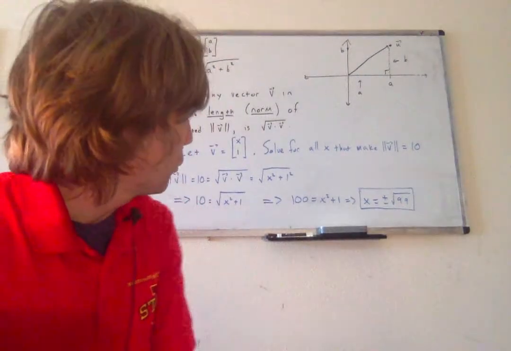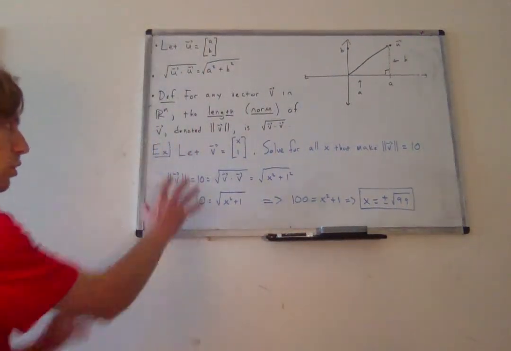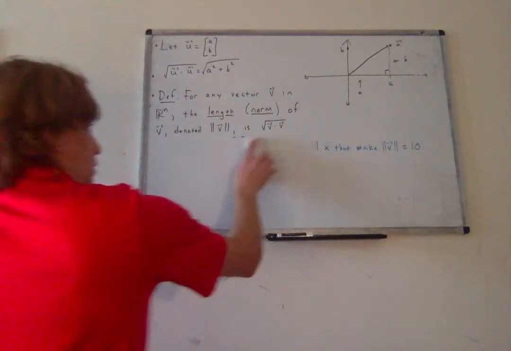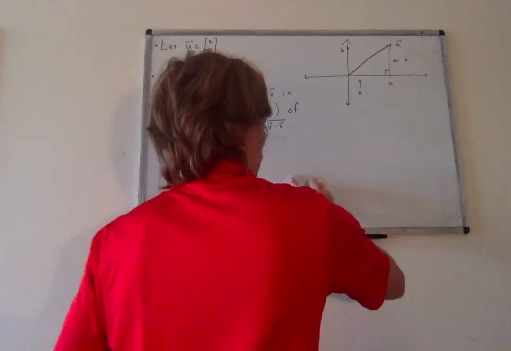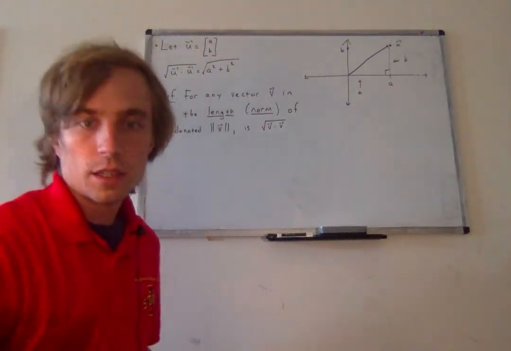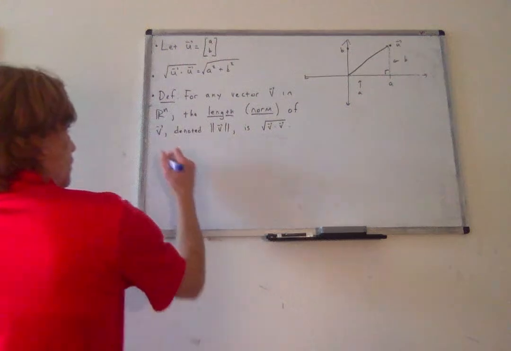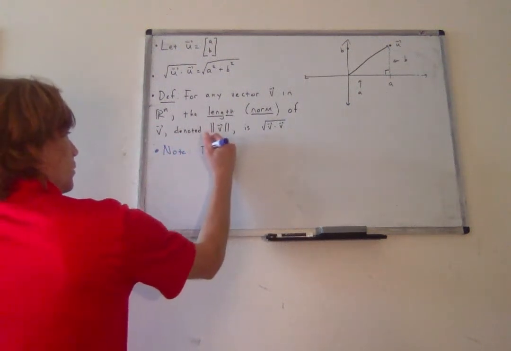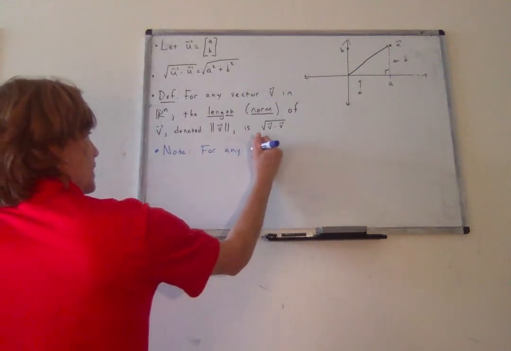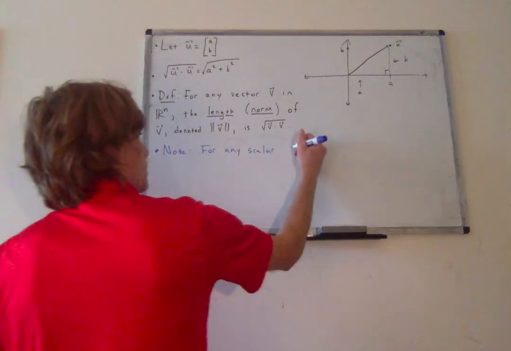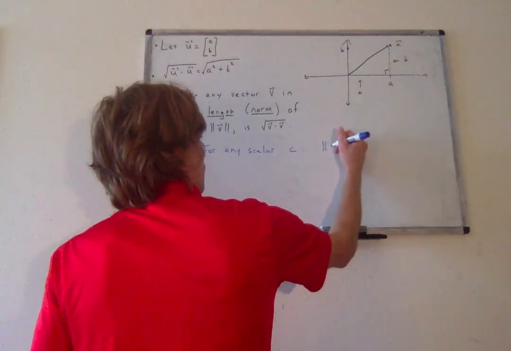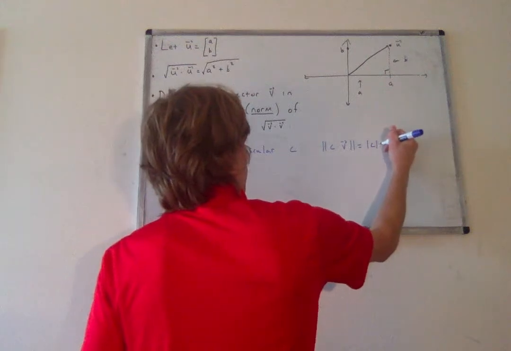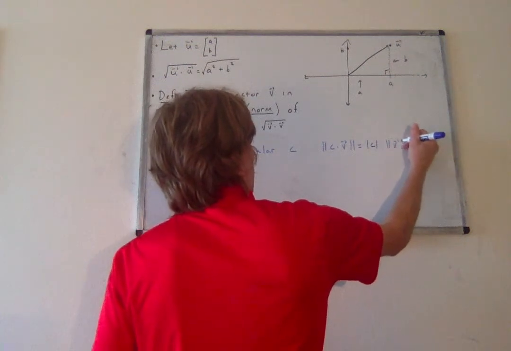So one more note I want to make about this definition, and to do so I'm going to erase this example. This is a property of norms that I want to quickly state and then talk about the proof of. So for any scalar c, the norm of c times v is equal to the absolute value of c times the norm of v.